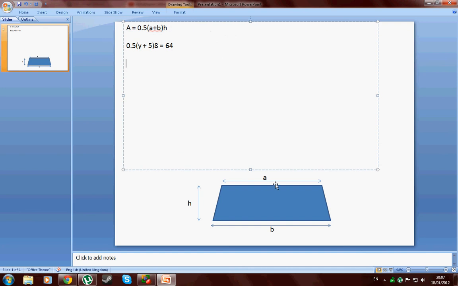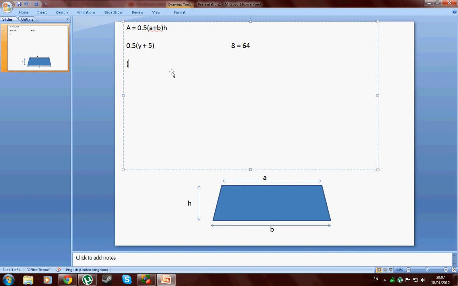Now, in the project, it actually does the first step for you, because this is a bracket that's being times by two things at once. They times everything by a half for you. So pretend that 8 isn't there for a minute. They've expanded this bracket.